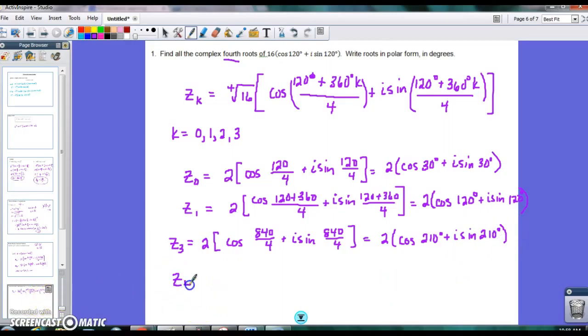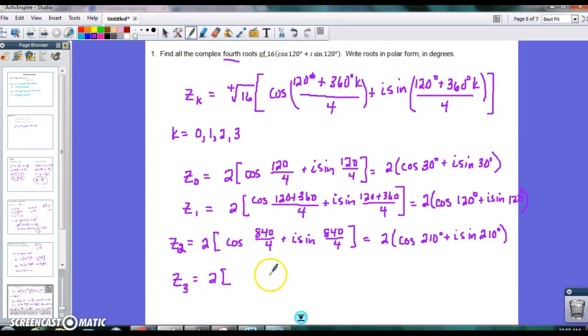And z sub 3, we'd have 2, and then I'd have 360, oops, what did I miss? Oh, that should have been 2 in there. Sorry, I'm trying to do this quickly. And this should be 3.